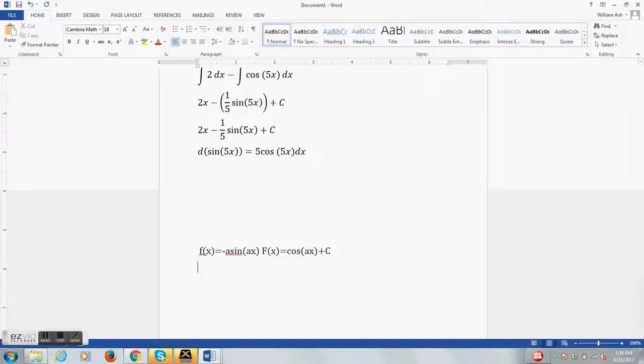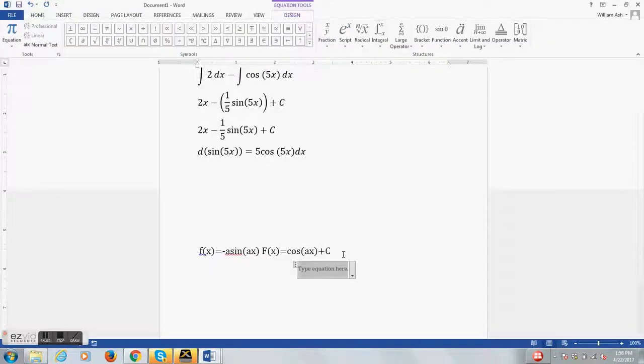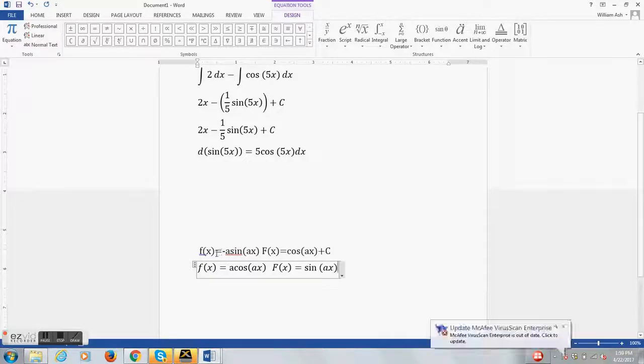So the rule that we would be aware of at this point, if I'm trying to think of it in terms of a rule, and I really think this is more confusing: if f of x equals a cosine ax, then capital F of x would be sine ax. So you're looking at the other side.